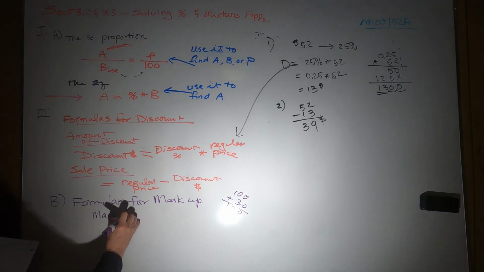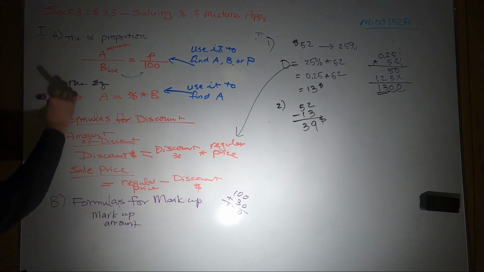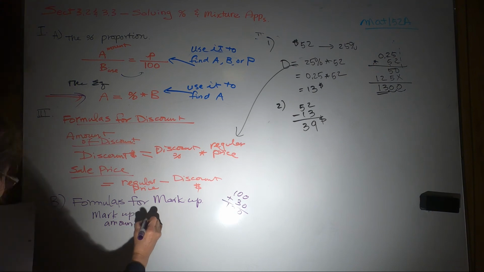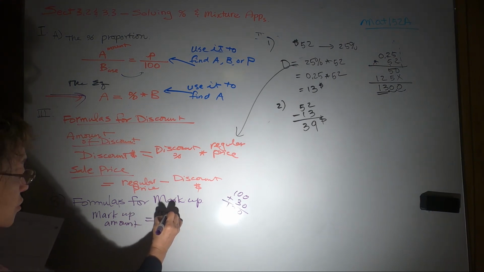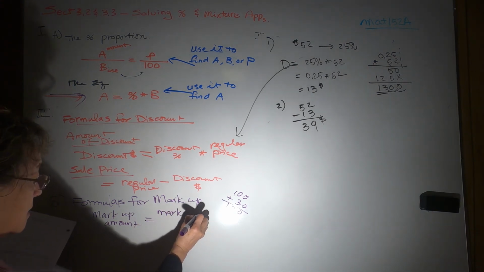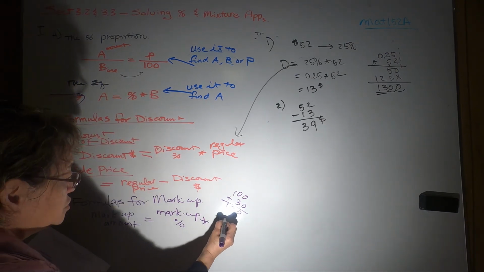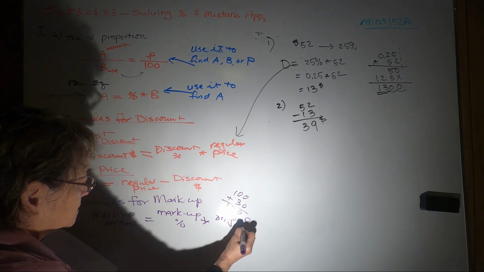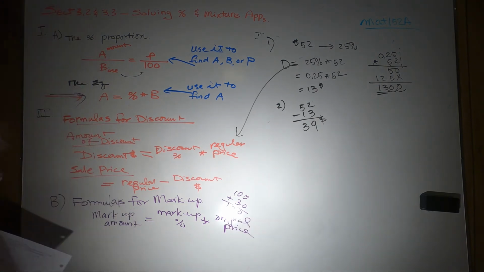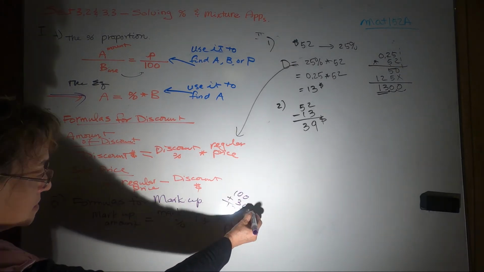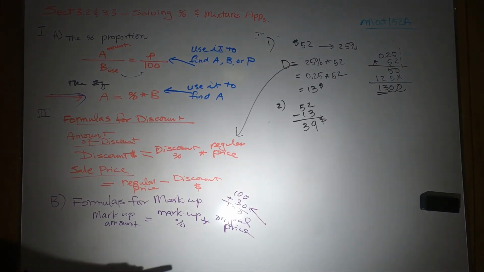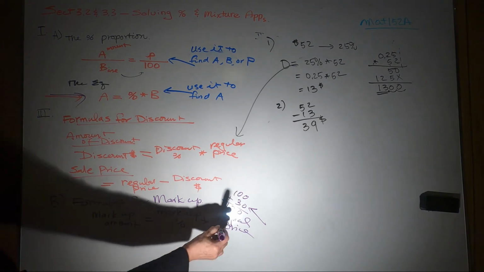So for your markup amount, we use this formula as well: the amount equals your markup percent times your base, the original price. Say $100, your markup would be 30%, that would be $30.